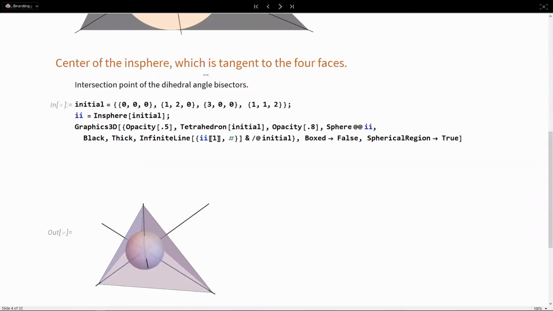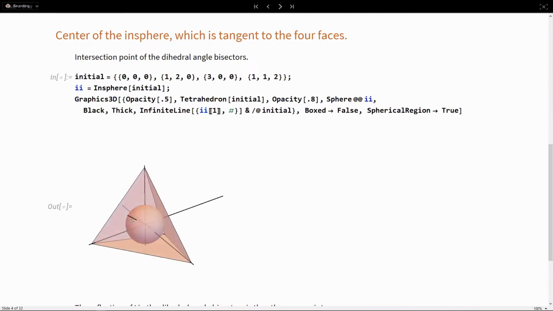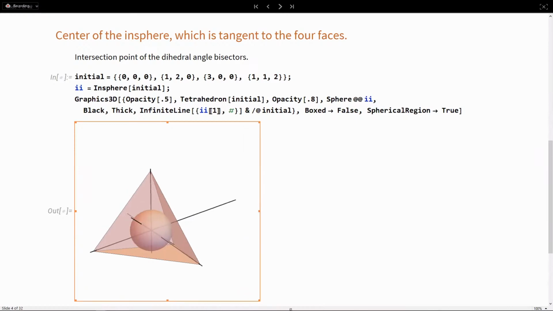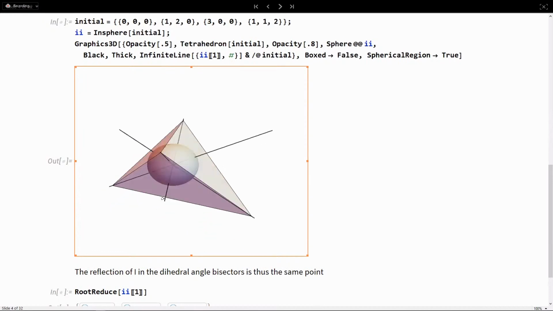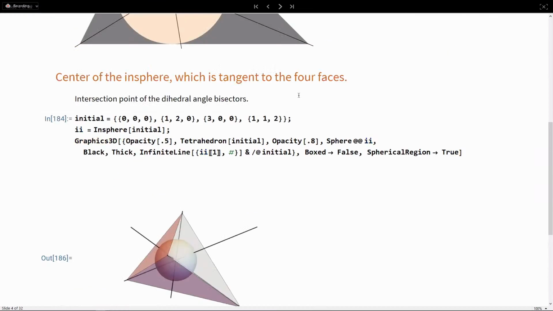For the in-sphere, it's a little bit more complicated. You need to take the dihedral angle bisectors as shown here, and those give the in-sphere of a point.